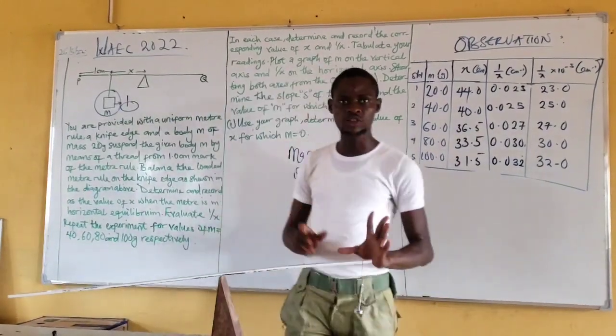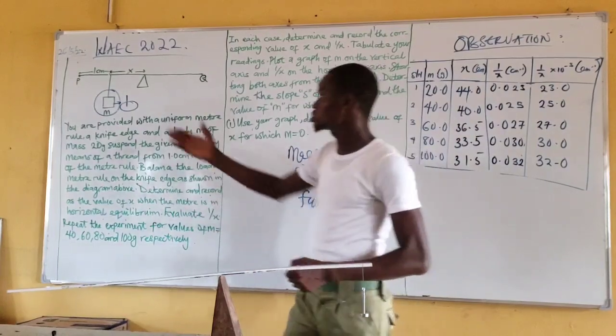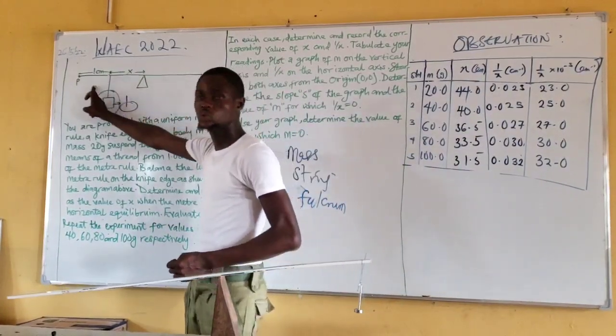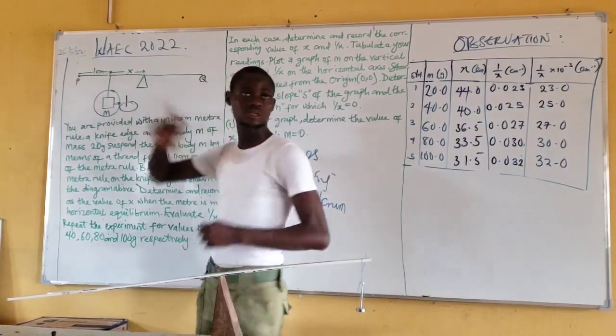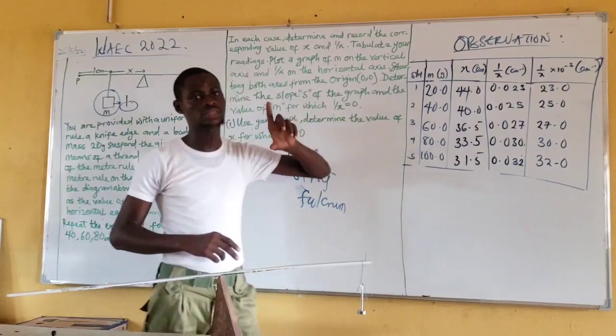This is the balance point of the meter rule. When the mass is equal to 40 gram, to get my x, it will be equal to 41 centimeter minus 1. Then I will calculate, and that is my x from the board. My x is equal to 40 centimeter.